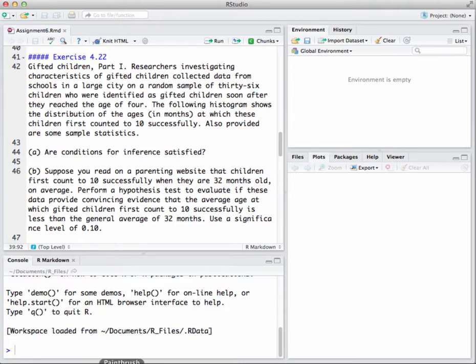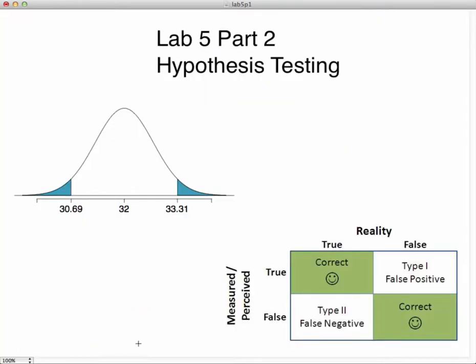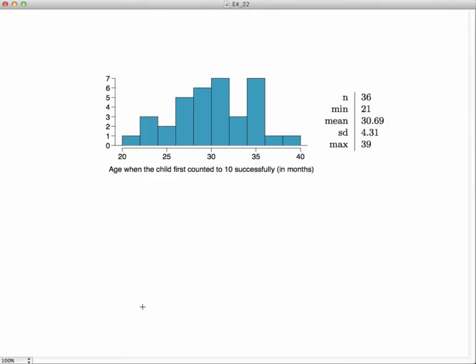Okay, so let's go back over to the whiteboard because I've got that histogram and other material there for us. So they want to know, are the conditions of inference met here? So what are the conditions for inference? Well, one of the first things that we're going to be worrying about is independence. And independence basically gets taken care of by a couple of different things. But the first one, and probably the most important thing, is that the sample was random.